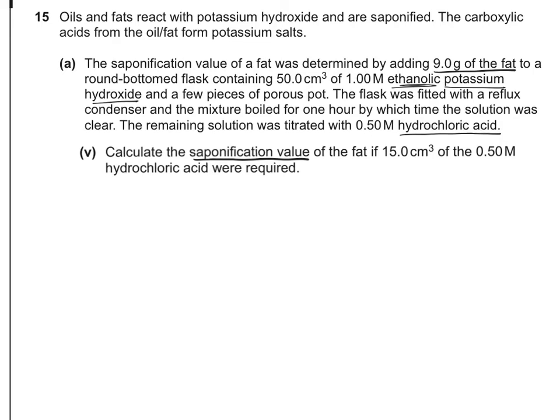Thinking about equations for what's happening here, you've got your fat and you're reacting that with potassium hydroxide. You're going to need 3 moles of potassium hydroxide because there are 3 fatty acid ester units to hydrolyze. That gives us glycerol and our 3 soaps.